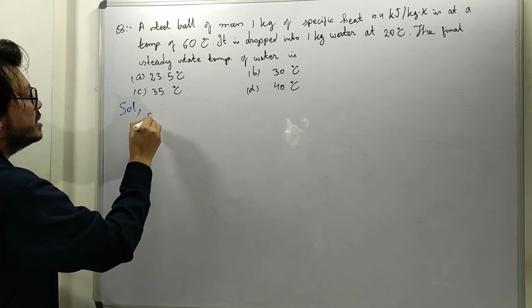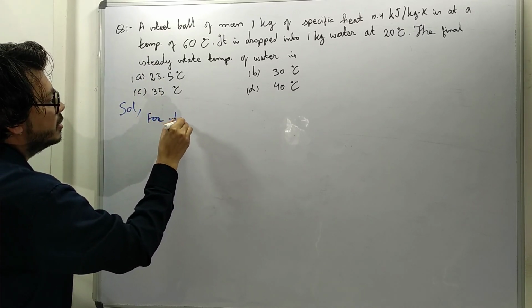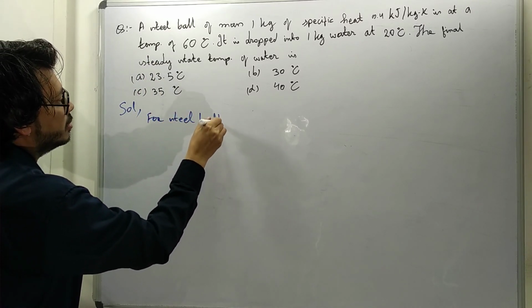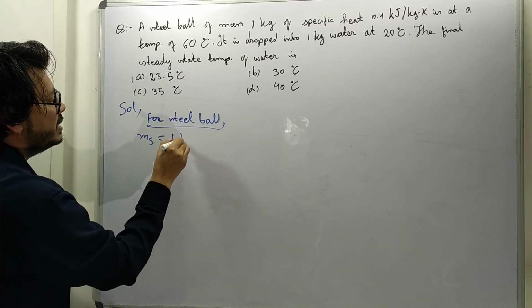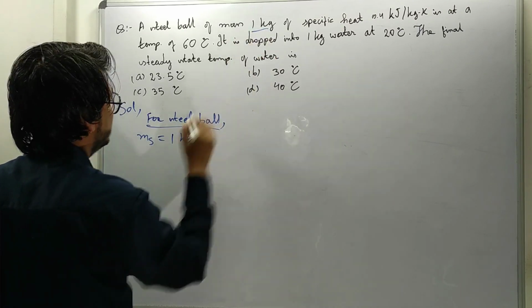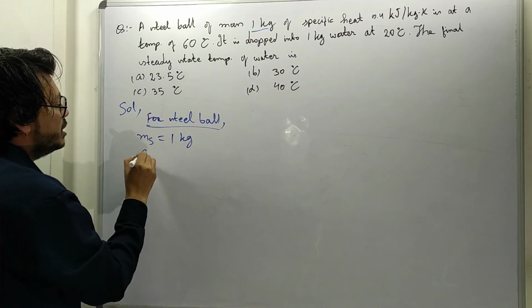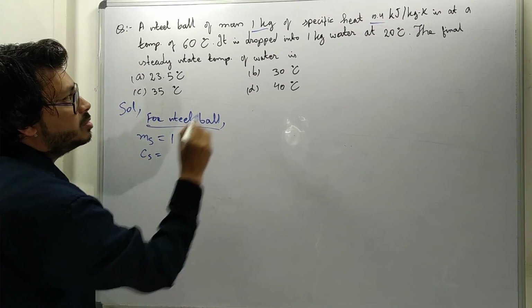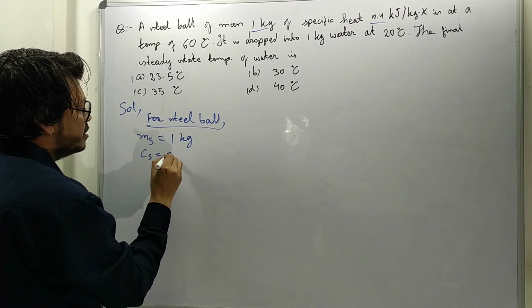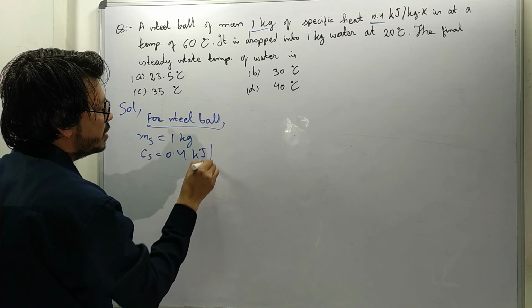For steel ball, we have mass of steel ball 1 kg. Specific heat of steel ball 0.4 kilojoule per kg Kelvin.